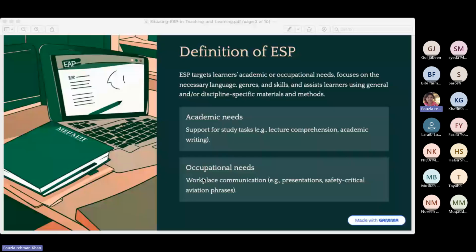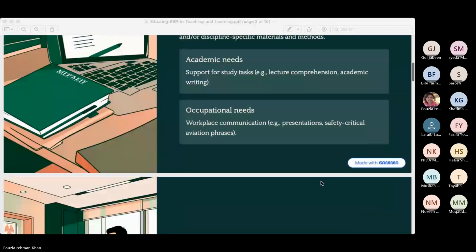There are a number of exercises here that you can do, but I don't know how you should do it. Now, there are a few terms that I would like to introduce here. One is the genre, and the other is the skills.